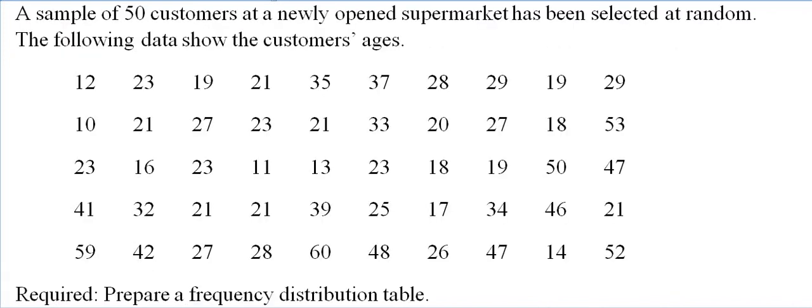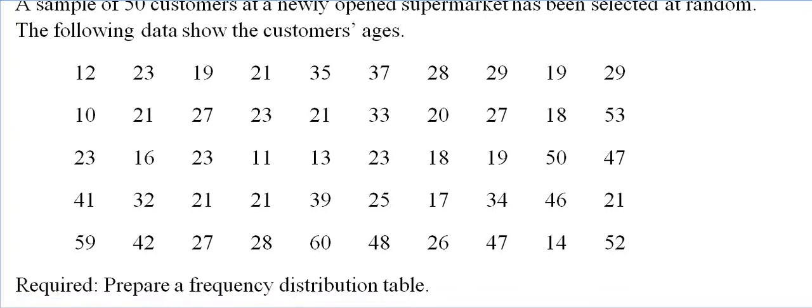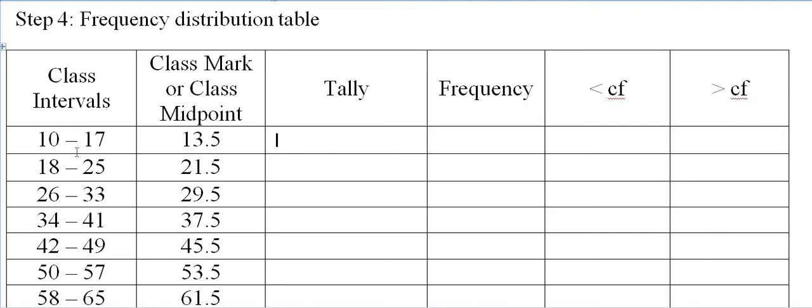Okay? Then, go back to the given in the problem. Next, we have 23. Where should 23 fall in our frequency distribution table? Between 18 and 25.